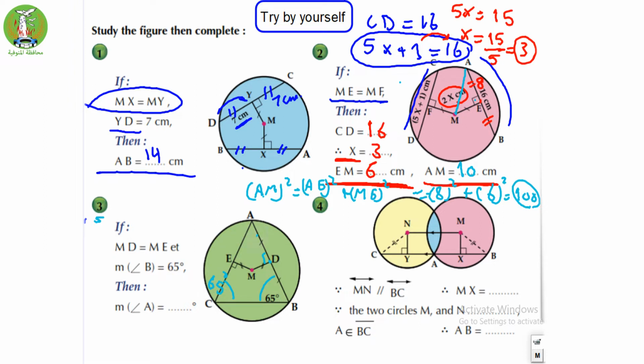Then measure angle A equals 180 minus 65 plus 65, which equals 50 degrees. Then measure angle A equals 50 degrees. Okay? The last one.